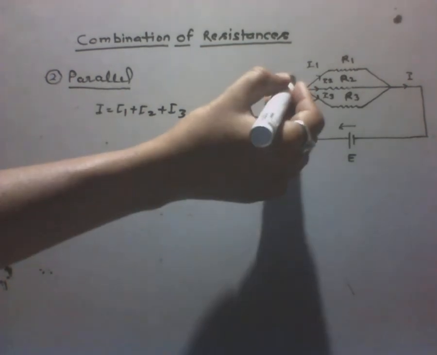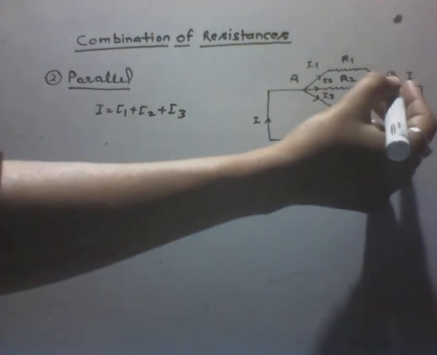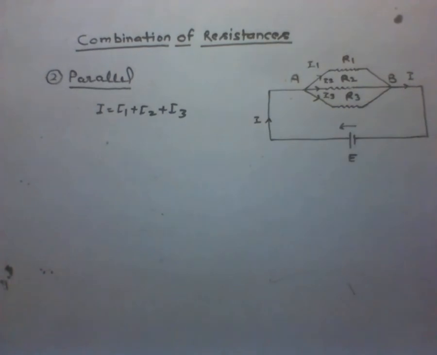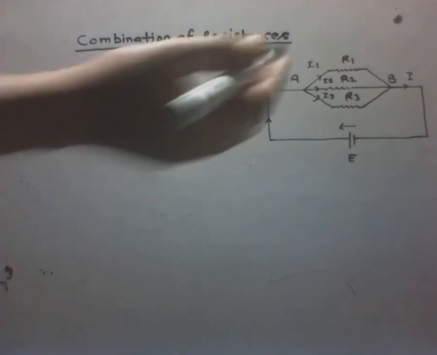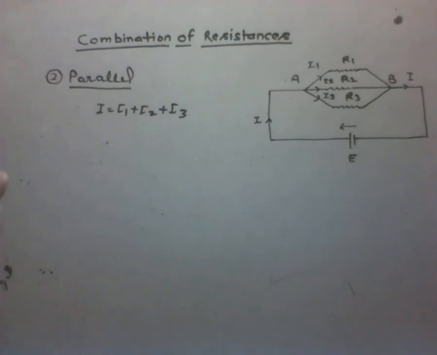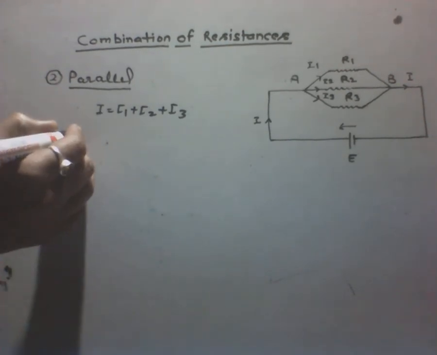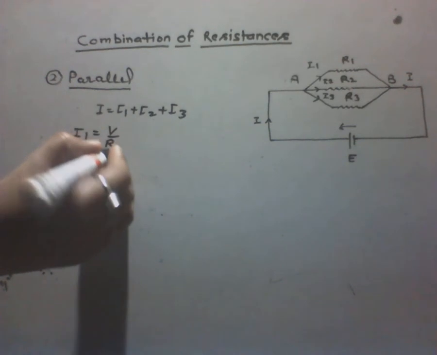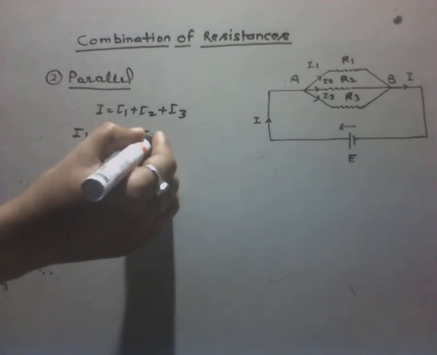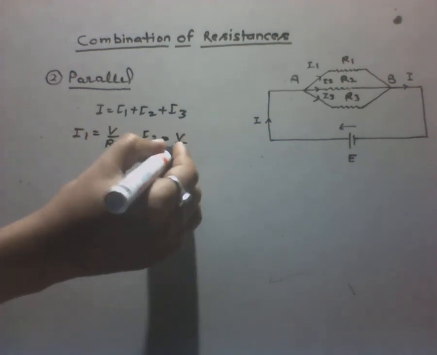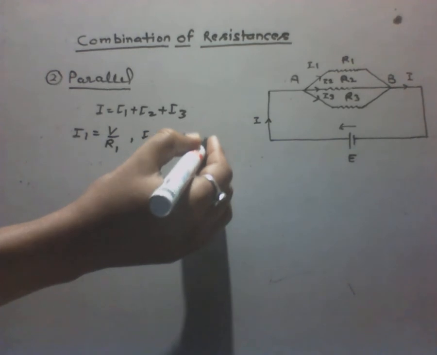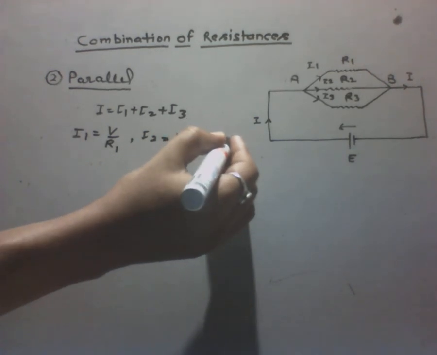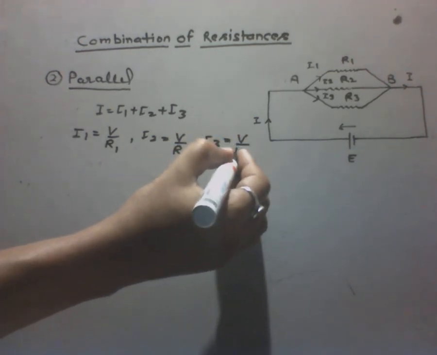If the potential difference between A and B is, suppose, V, then I1 is equal to V upon R1. Similarly, I2 is equal to V upon R2, and I3 is equal to V upon R3.